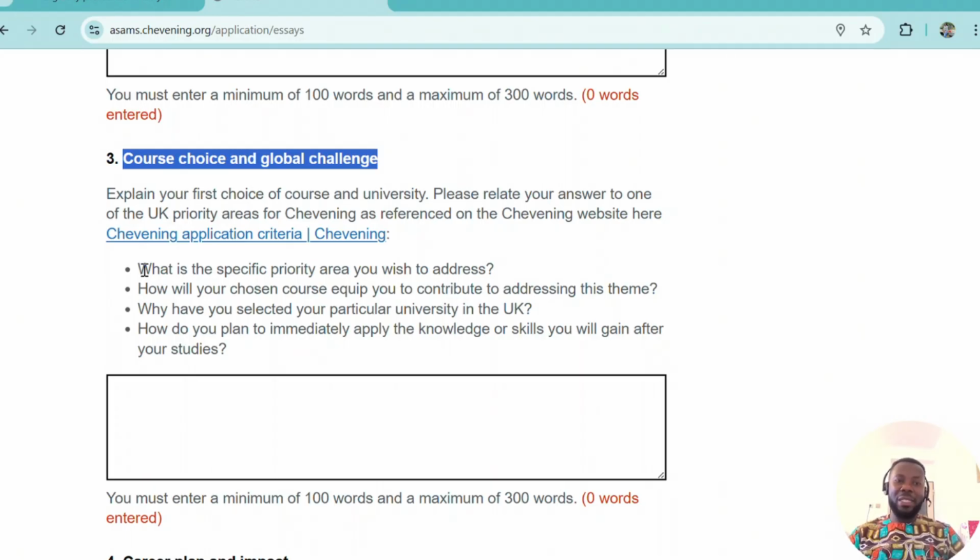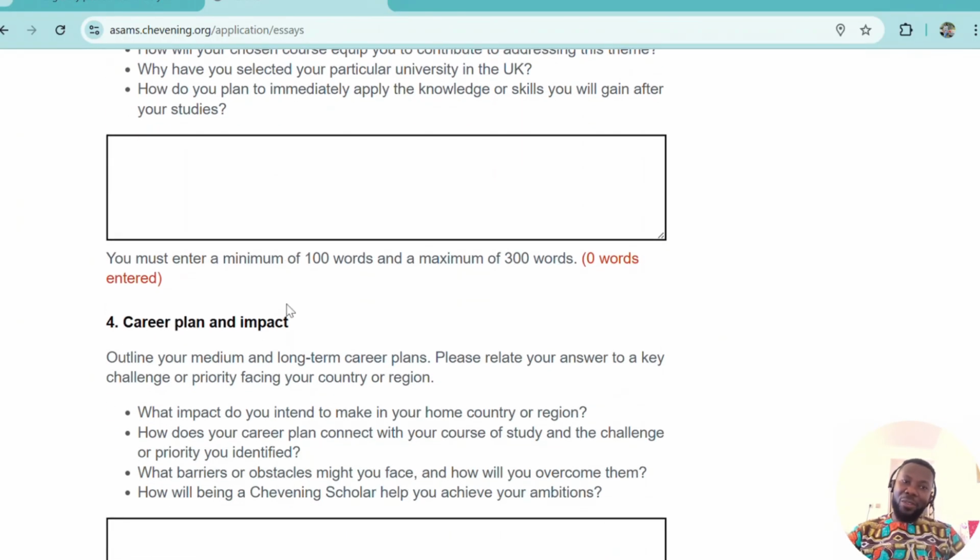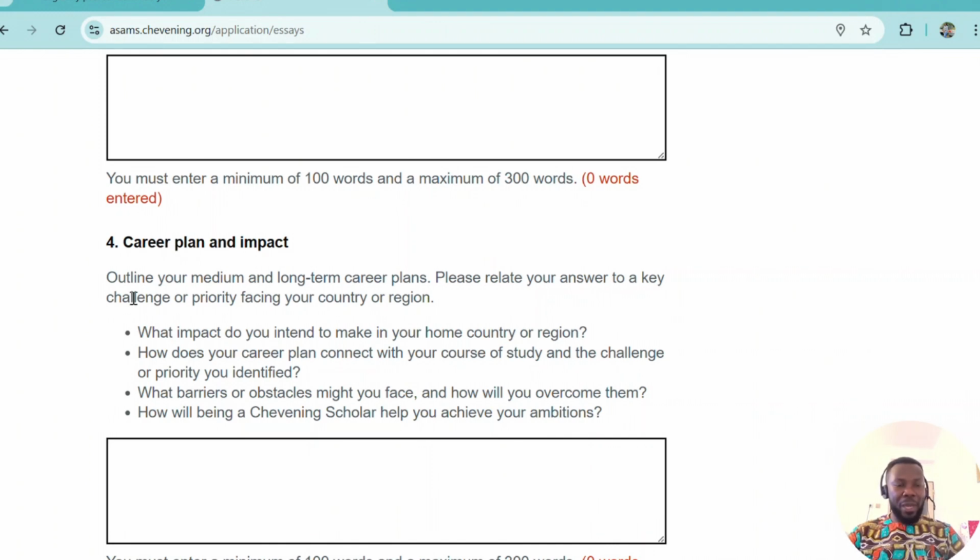So please take note of the requirements of these essays, and prepare adequately for them. Career plan and impact. Outline your medium and long-term career plans. Please relate your answer to a key challenge or priority facing your country or region.